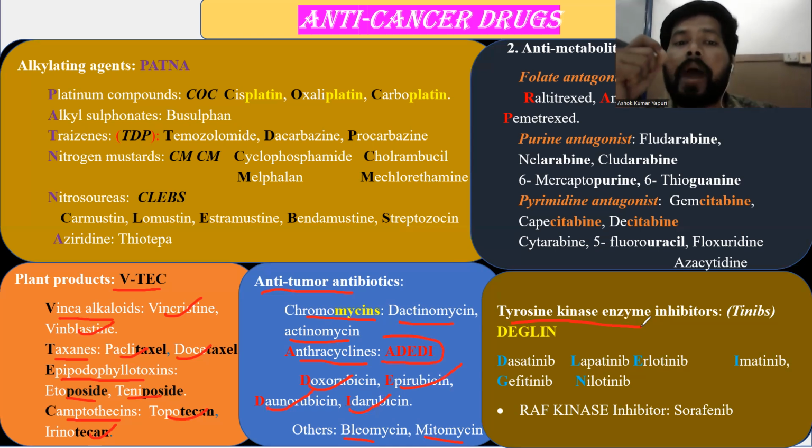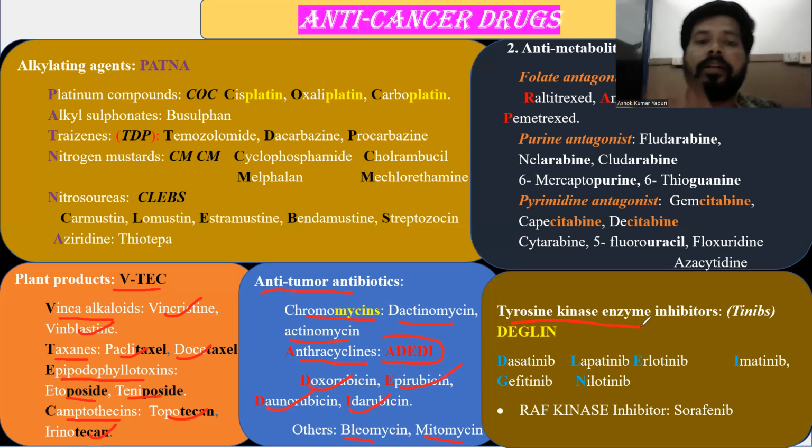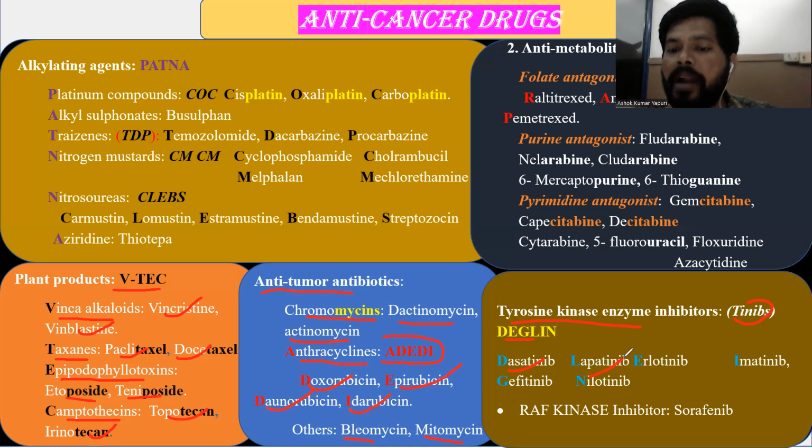That's why we have to inhibit the tyrosine kinase enzyme. Tyrosine kinase inhibitors are simply the NIBs, with a trick like dasatinib, lapatinib, erlotinib, imatinib, gefitinib, as well as nilotinib. All these NIBs inhibit the enzyme tyrosine kinase.